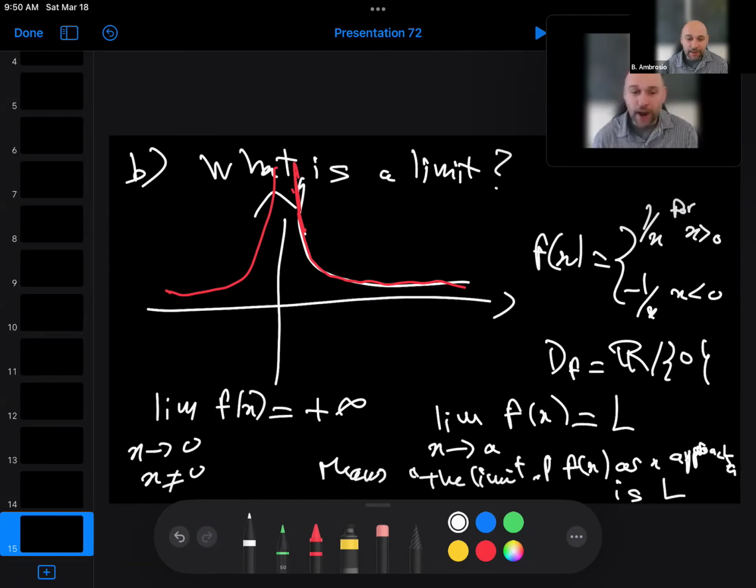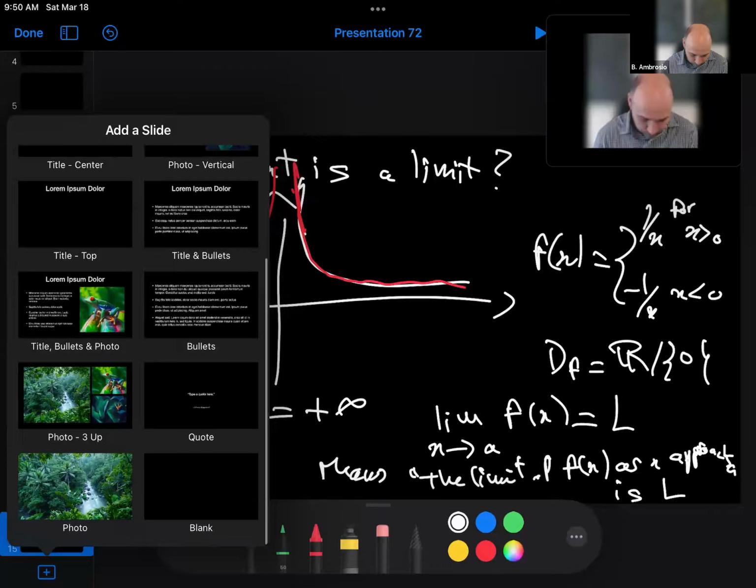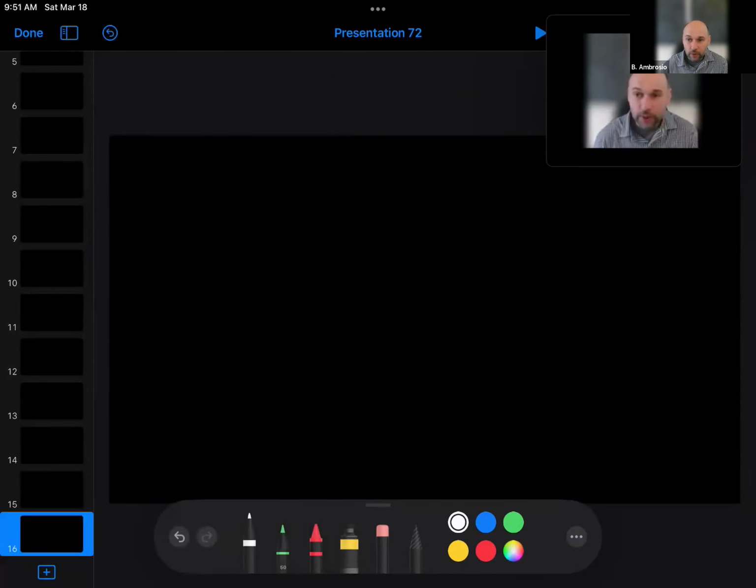So we add some symbols to the numbers: plus infinity and minus infinity. Now I jump to the rigorous, precise definition.